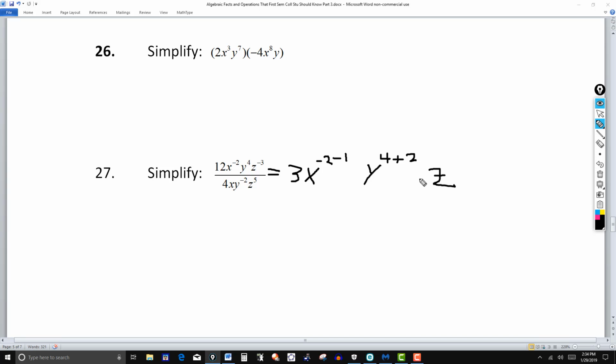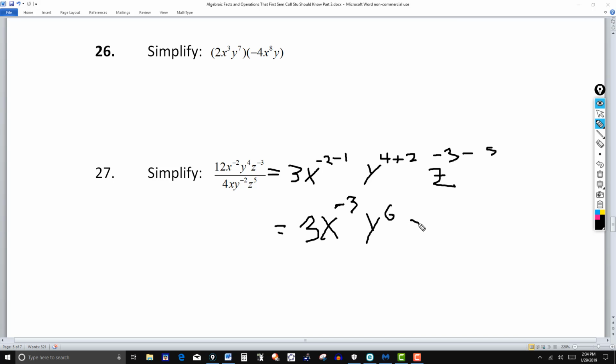Okay, so then this is going to equal 3, x to the negative 2 minus 1, that's minus 3, y, and then exponent 4 and 2, that's 6, and then z, minus 3 minus 5, that's minus 8.